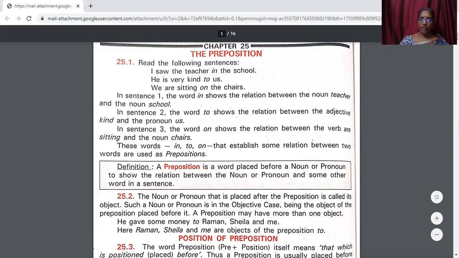So, how do we define preposition? A preposition is a word placed before a noun or pronoun to show the relation between the noun or pronoun and some other word in a sentence.